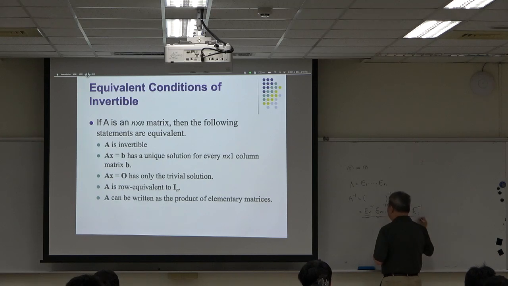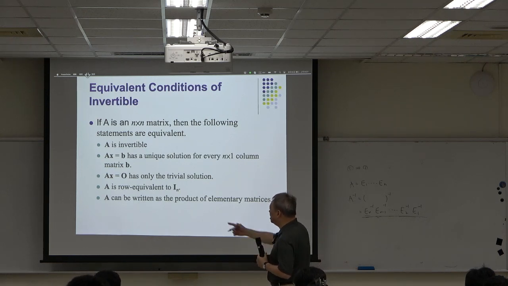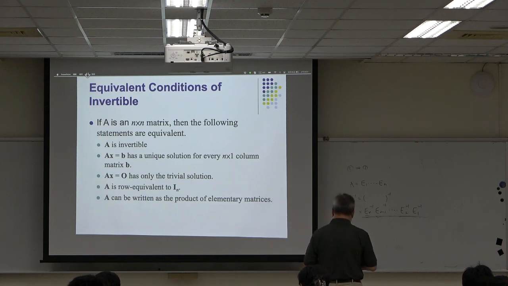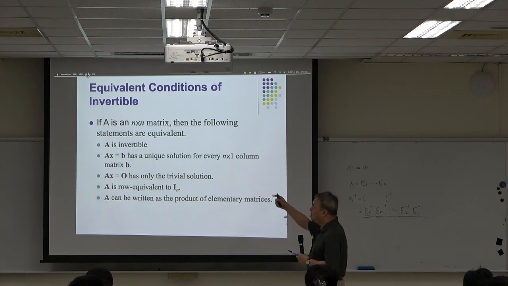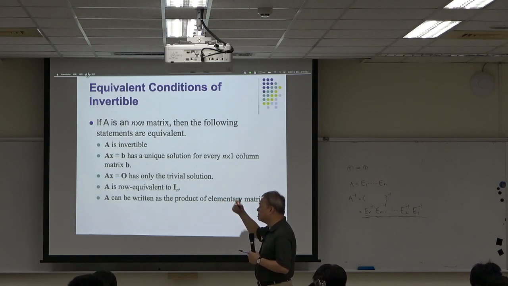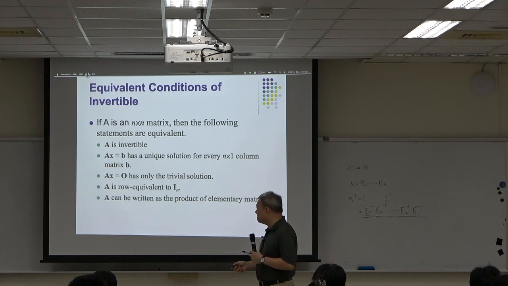And you multiply them up, of course, we still have something, right? So that's a very simple fact. If A can be written as a product of elementary matrices, A is invertible. So we've done 1 to 2, 2 to 3, 3 to 4, 4 to 5, and 5 back to 1. So they are all equivalent.